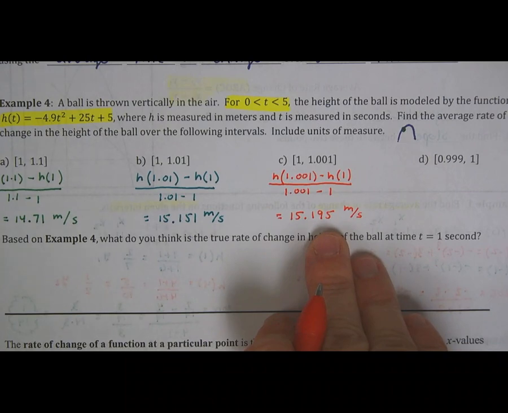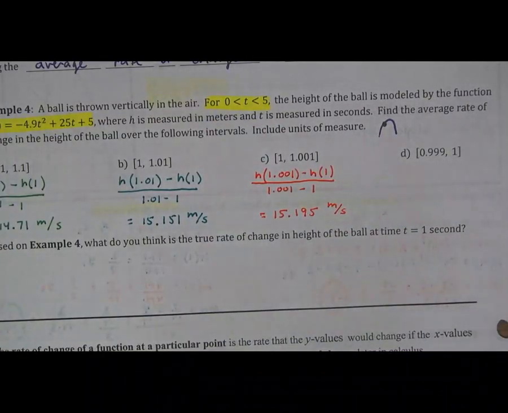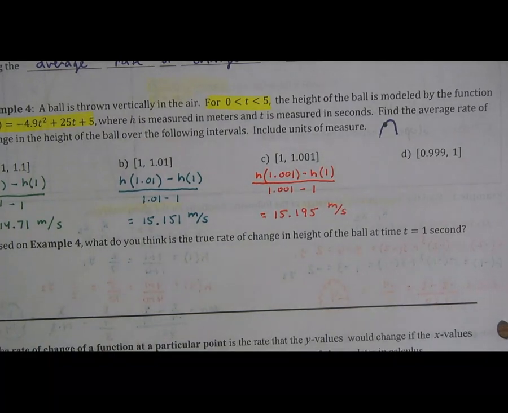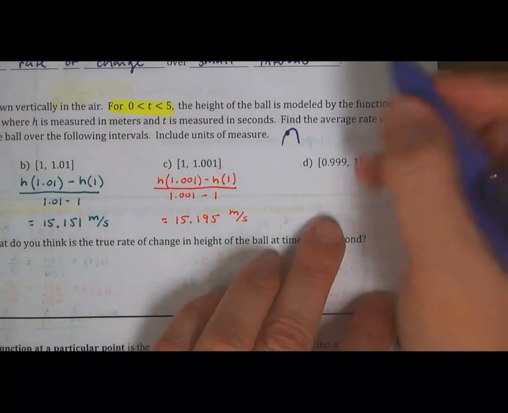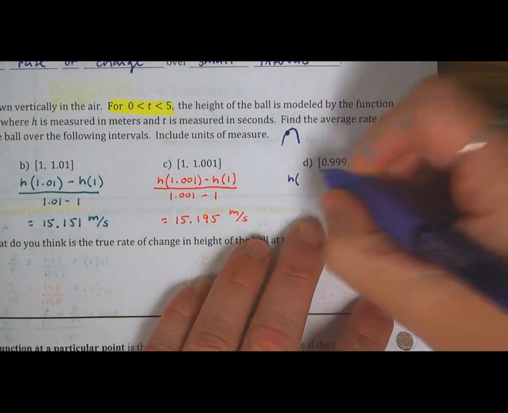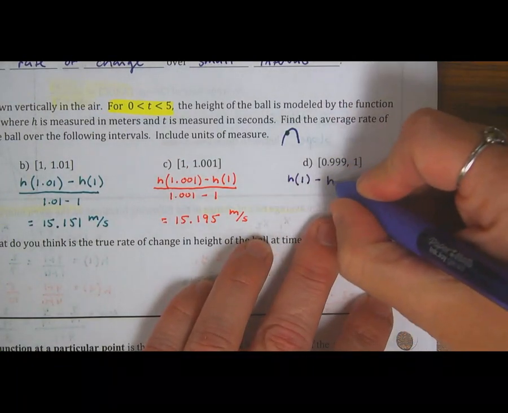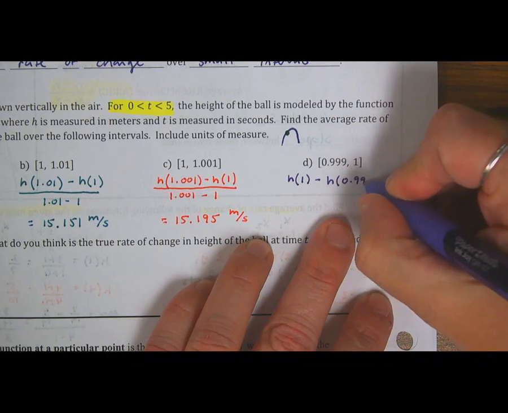We're fine-tuning it. We're closing the interval in and trying to figure out the slope at one single point, in other words, a teeny tiny little interval. And then the last one down here, same exact process. We would have to find h of 1 this time and subtract h of 0.999.